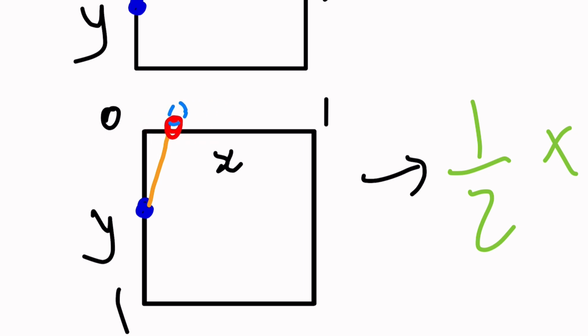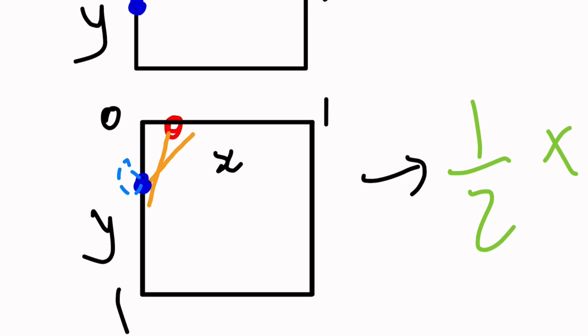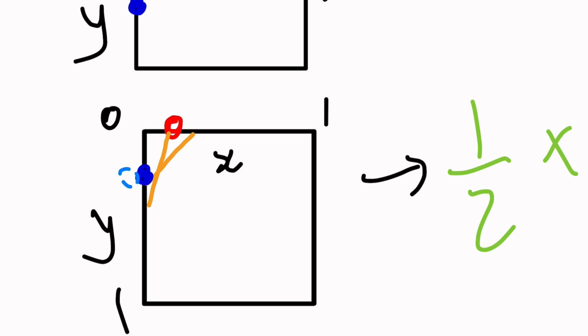And if y comes even closer, then that length would be like this, and if y comes even closer, then that length would be like this, and so on. So if we put it like this, the distance can be 1/2, and that should be a straight line from here to right there, right?